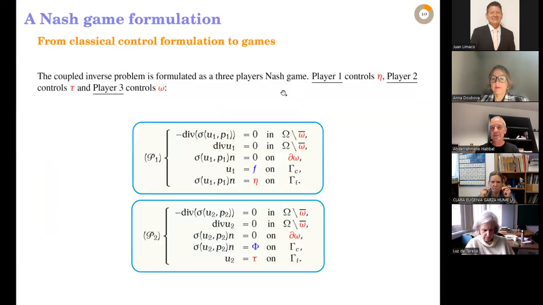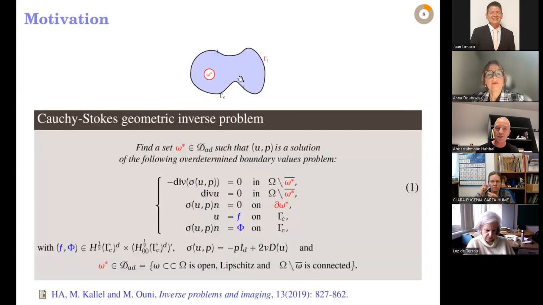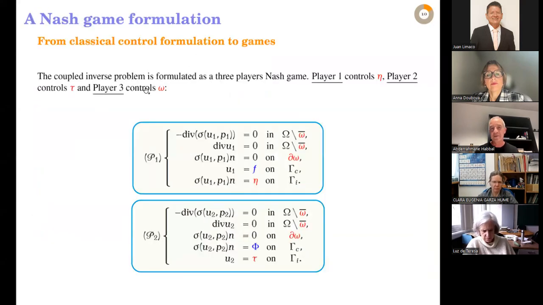So now let us go one step further into the Nash game formulation. We started indeed from classical control formulations. It was known before us that one could take the Cauchy problem here, or maybe the original one, and split it into two boundary value problems, which are here.